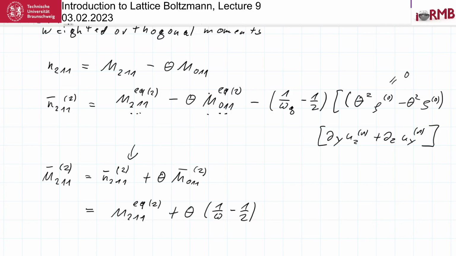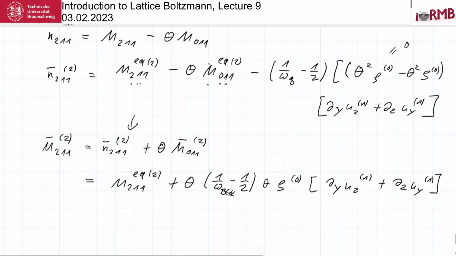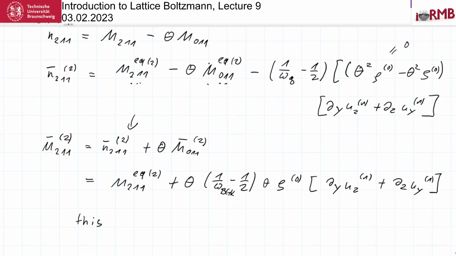Yeah, it does not contribute to the non-equilibrium part, so we have only the original BGK part here. And because the viscosity is now small, this thing also is small, and this gives us indeed also a ghost, but this ghost is small.